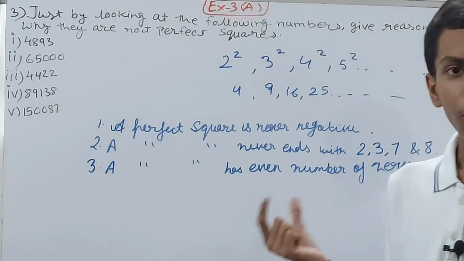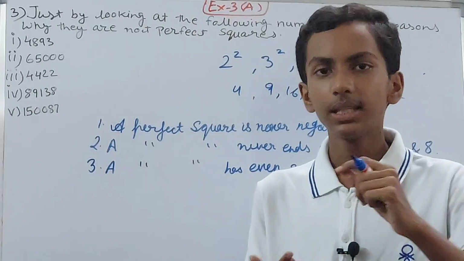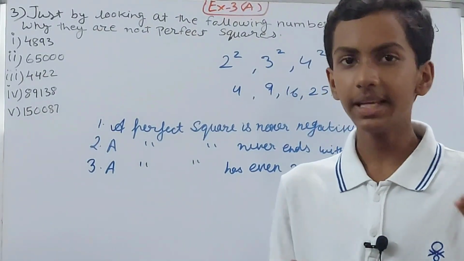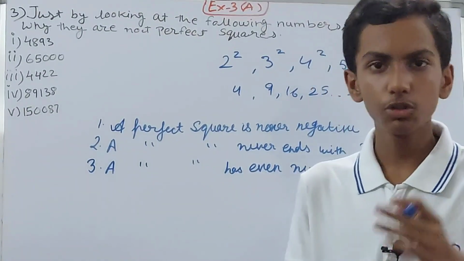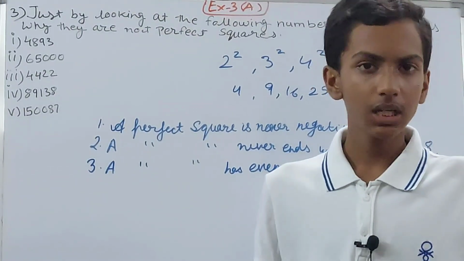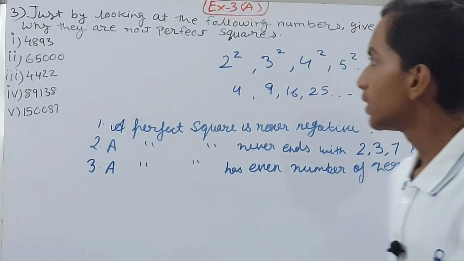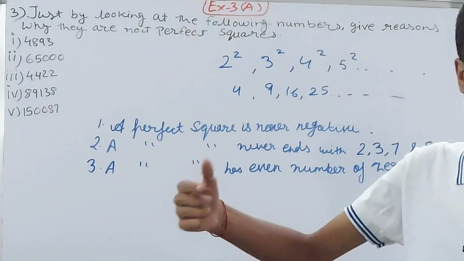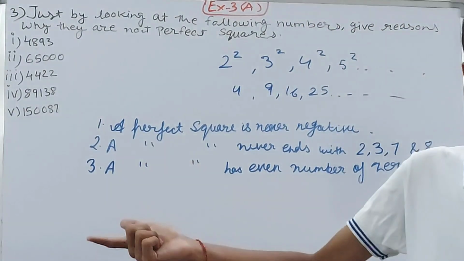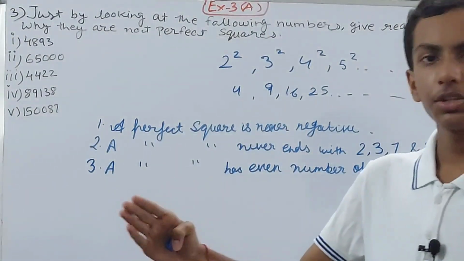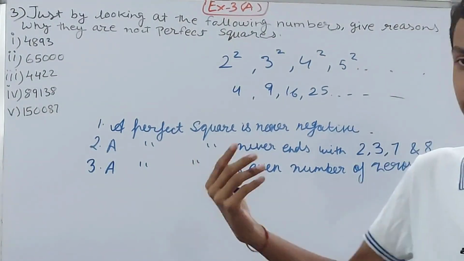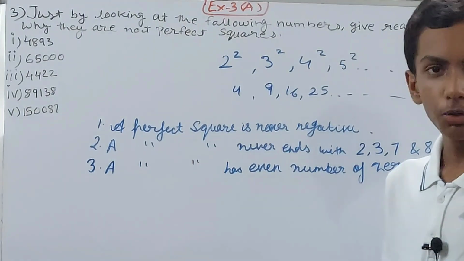Basically, even number of zeros means that the number of zeros in that number should be even, that is 2, 4, 6, 8, and so on. So if that many zeros are there in a number, it can be a perfect square. I'll show you in this question.